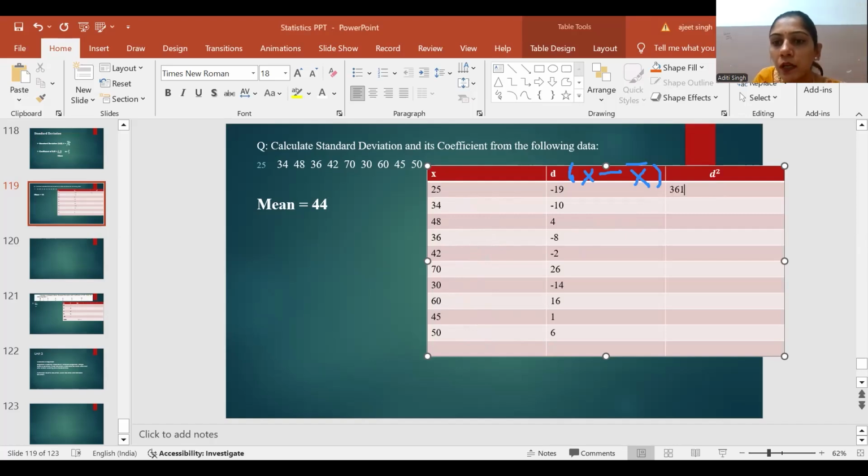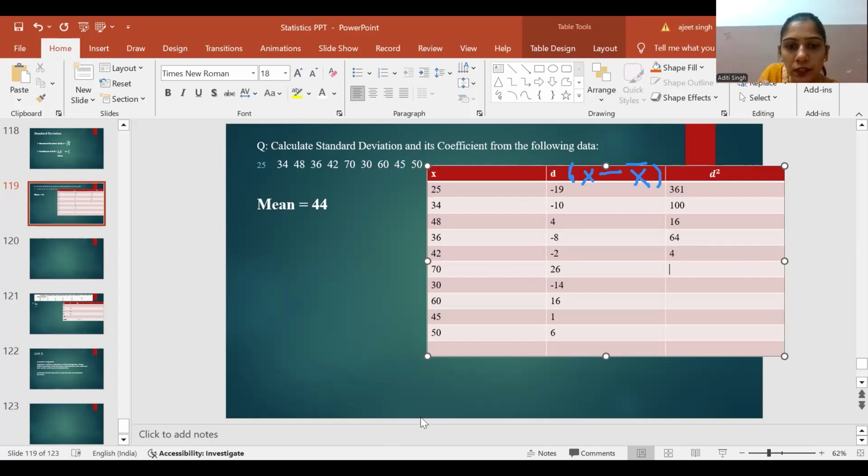When we do the multiplication of minus and minus, it will become plus. So now minus 10 into minus 10, it will become 100. 4 into 4, it is 16, and 8 into 8, it is 64. Again minus into minus will become plus. 2 into 2, it is 4.